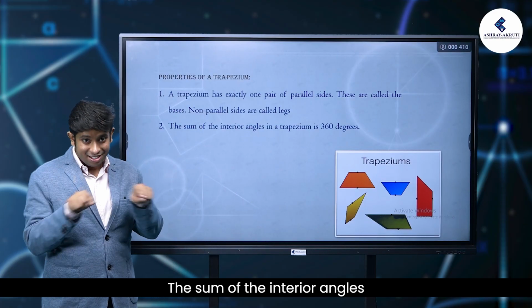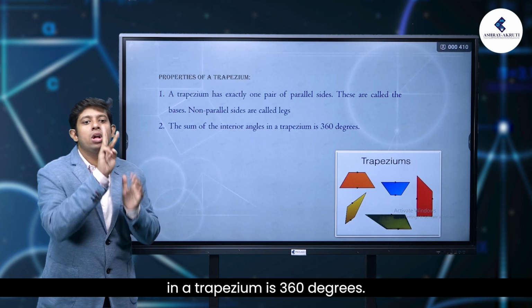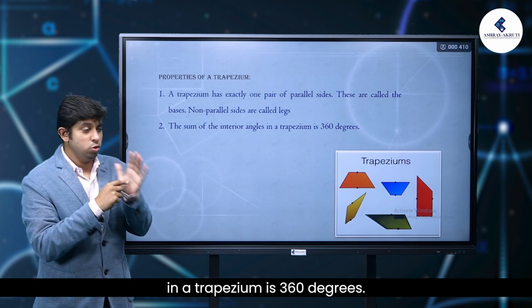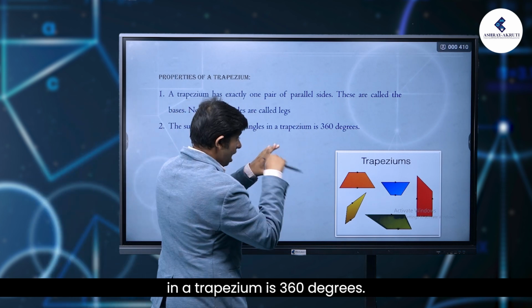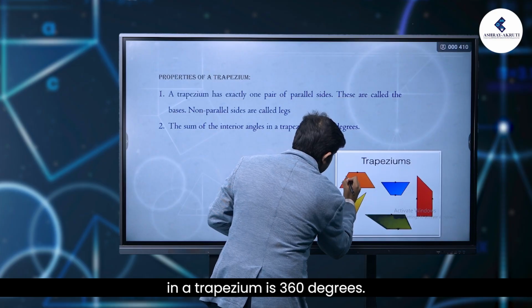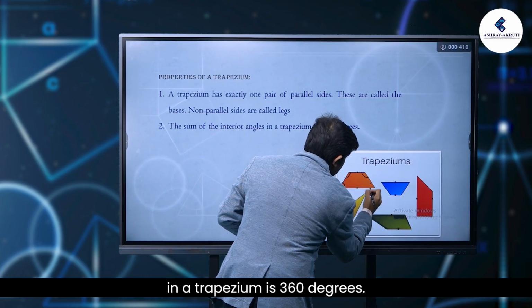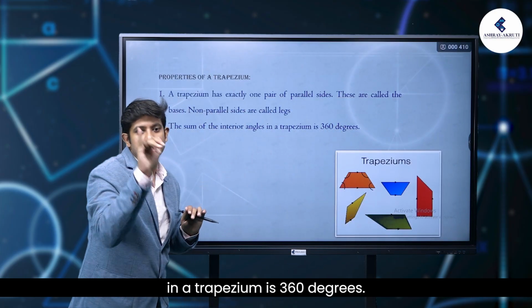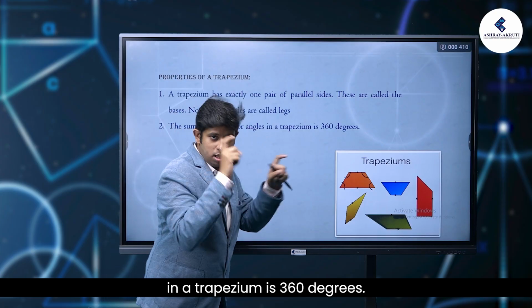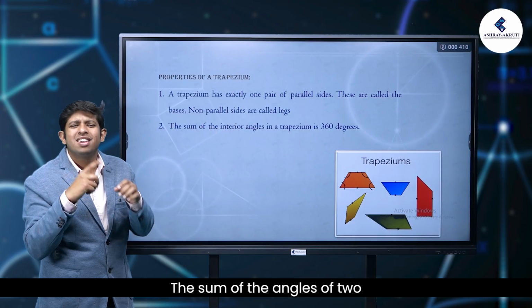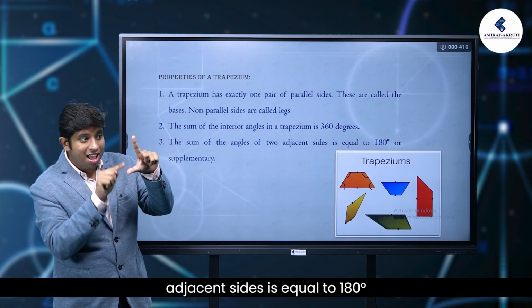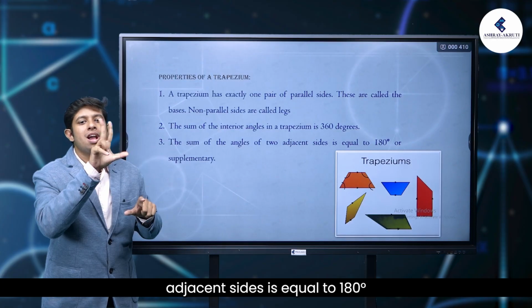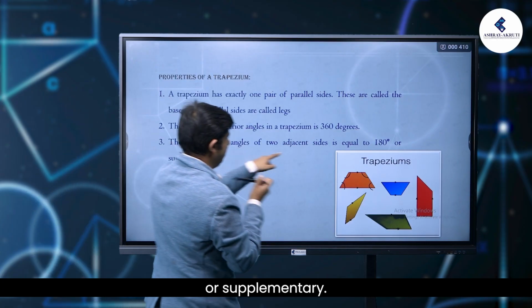The sum of the interior angles in a trapezium is 360 degrees. The sum of the angles of two adjacent sides is equal to 180 degrees, or supplementary.